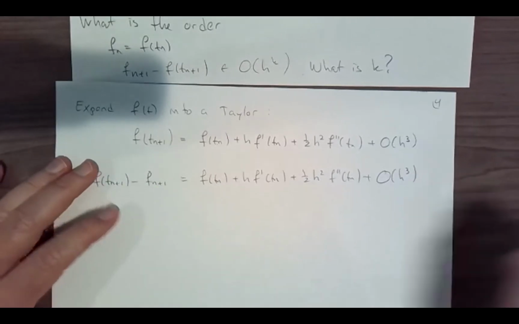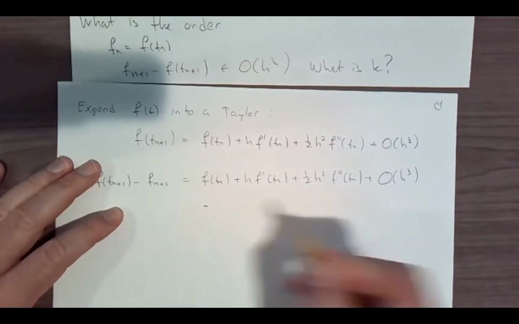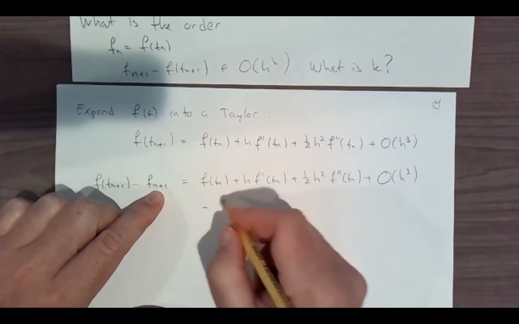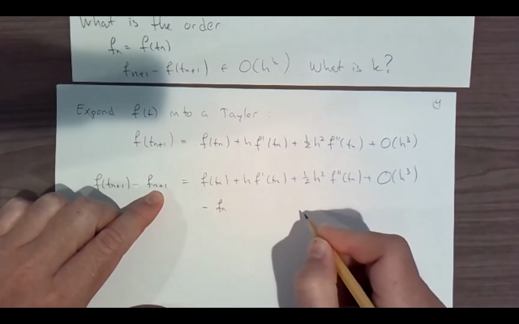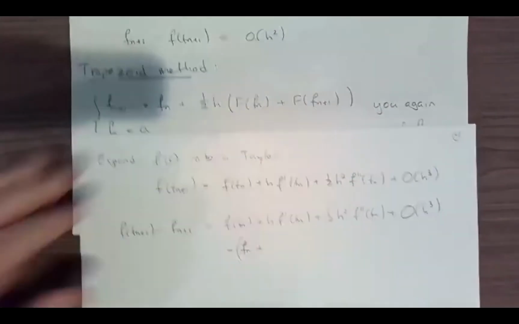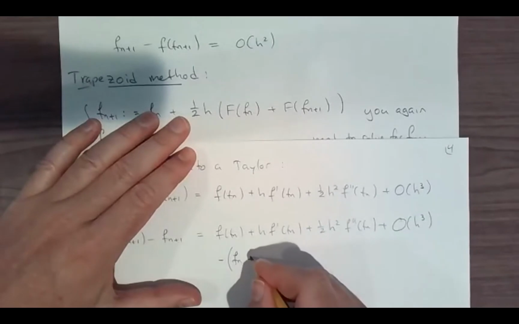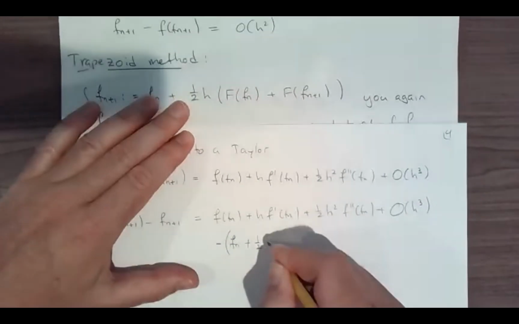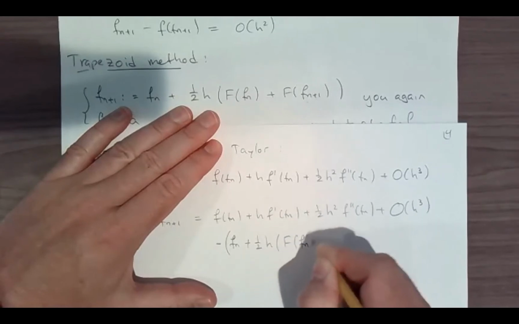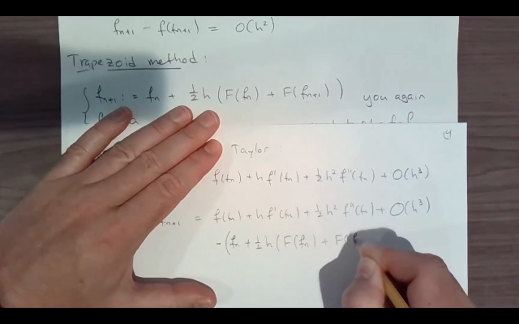That was Taylor. Subtract away the formula that's provided by the method. So this was Fn plus, and what was the formula? It was up here, 1/2 h times Fn plus Fn plus 1.